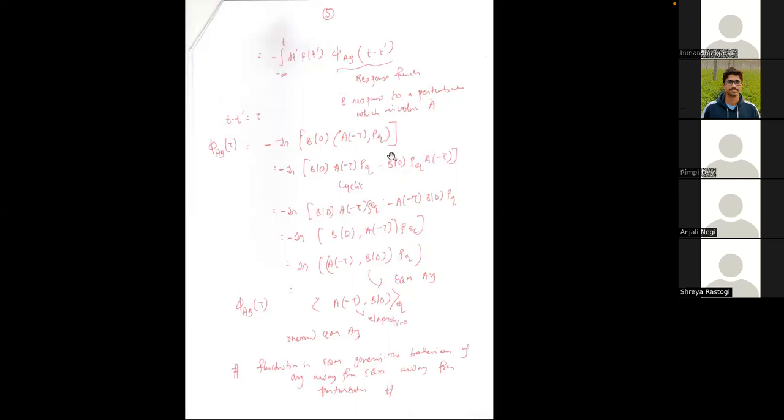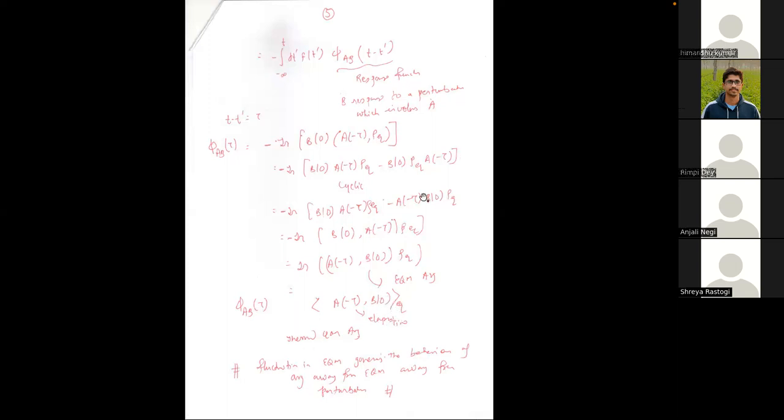Now rho equilibrium can be taken outside, and we have the trace of b of 0 and a of minus t. From the definition we saw earlier, any trace of a quantity at equilibrium is called the equilibrium average. So this response function phi of AB is nothing but the equilibrium average of A of minus t and B of 0.